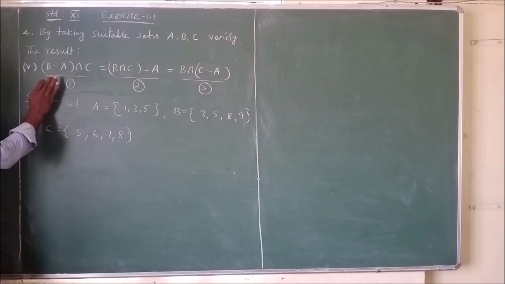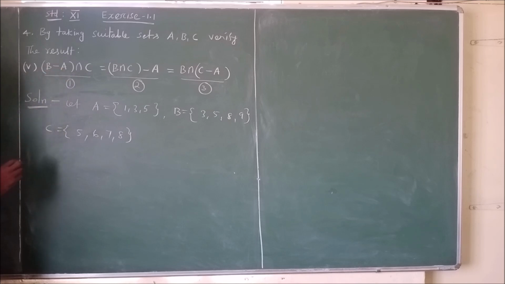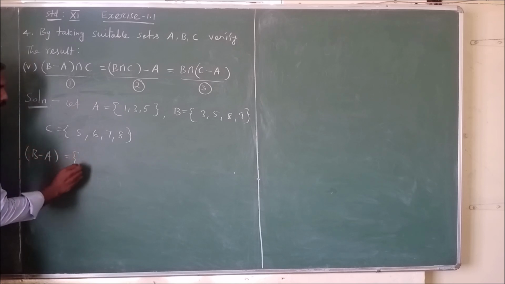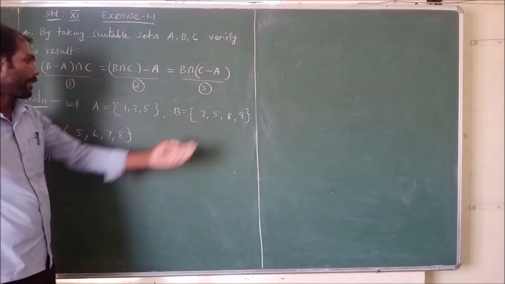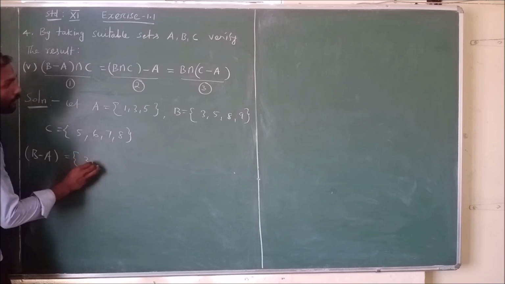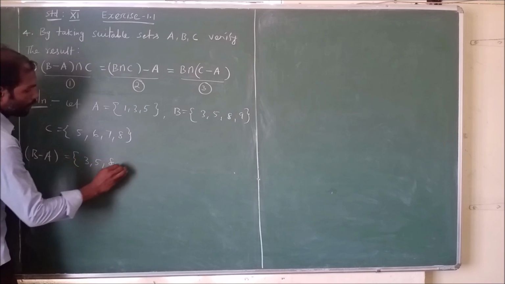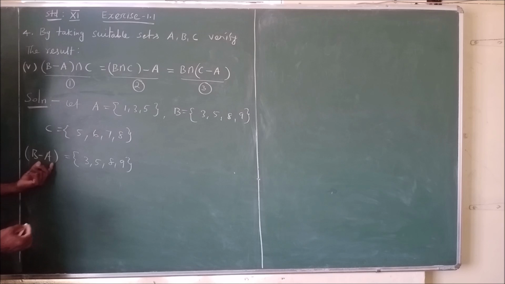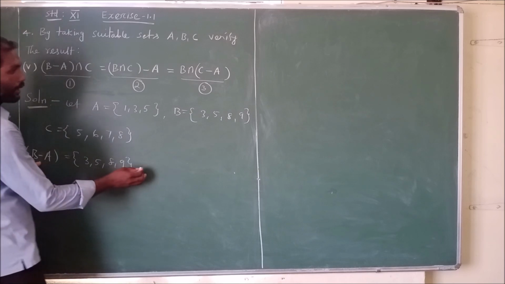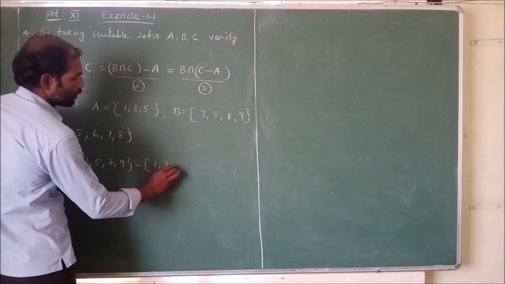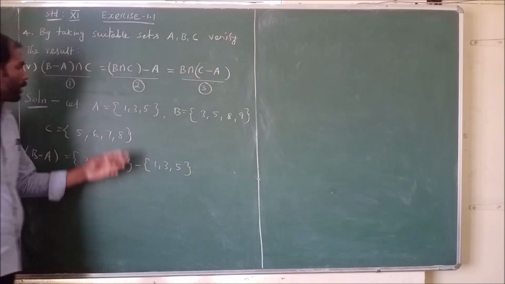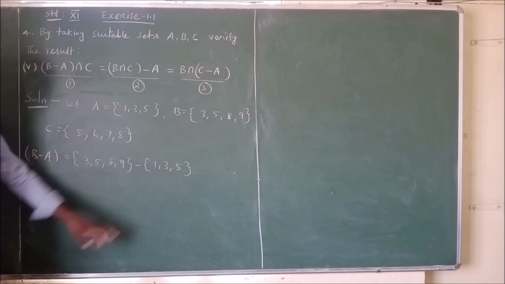First, we have to find B minus A. B minus A equal to the set of B entries, which are 3, 5, 8, 9, minus A entries, which are 1, 3, 5.